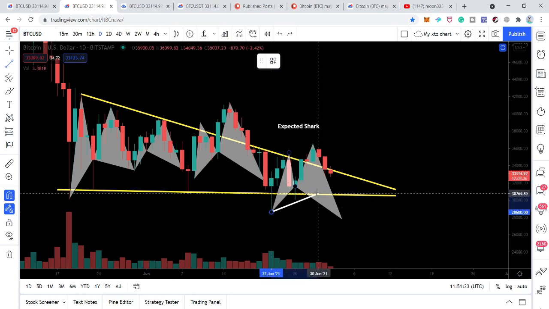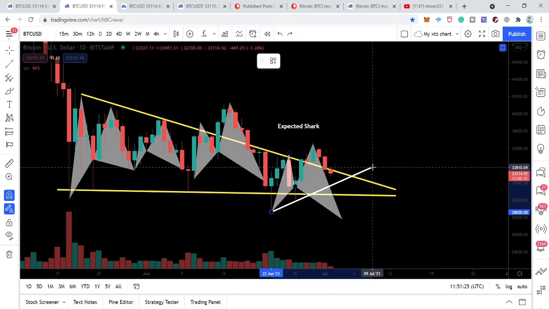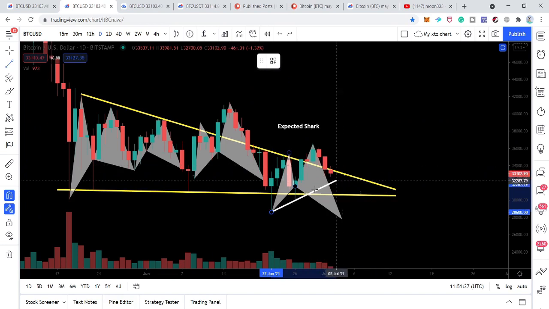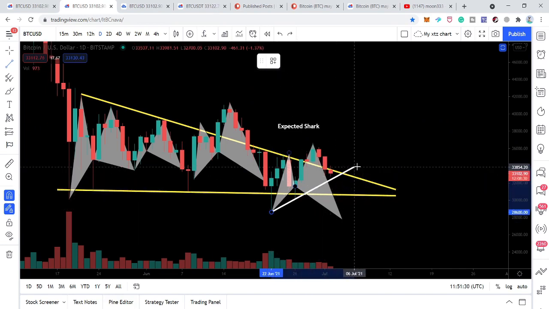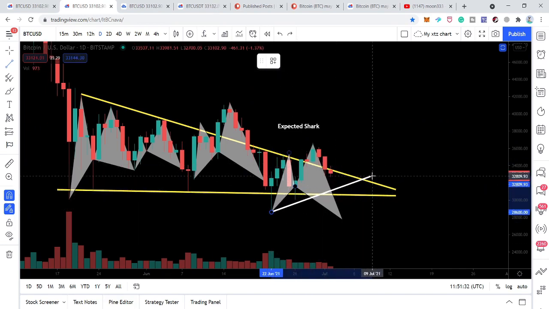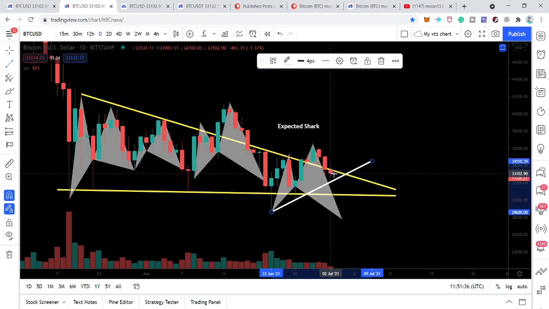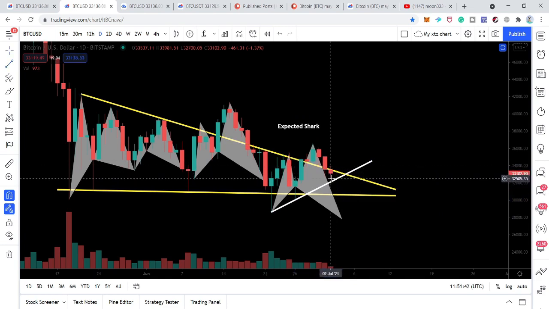This is not confirmed so far because we have only 2 touch points here. I'm just connecting these 2 weeks of candlesticks, and we are very close to this uptrend line. If the price action reverses bullish from this point, that will be approximately at $32,000.